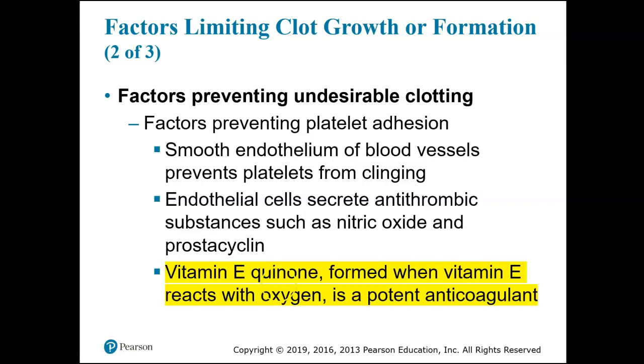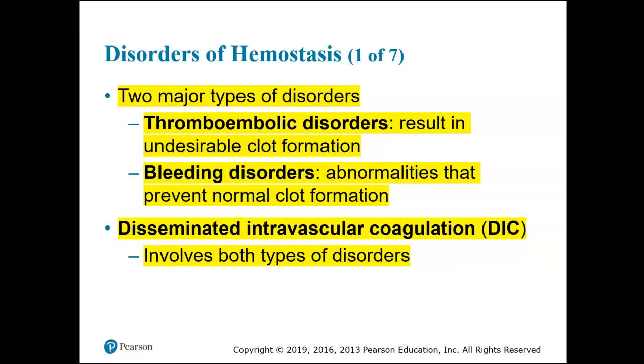And vitamin E quinone, which is formed when vitamin E reacts with oxygen, is an anticoagulant, an anti-clotting factor. And then we're going to talk about some disorders of blood clotting.